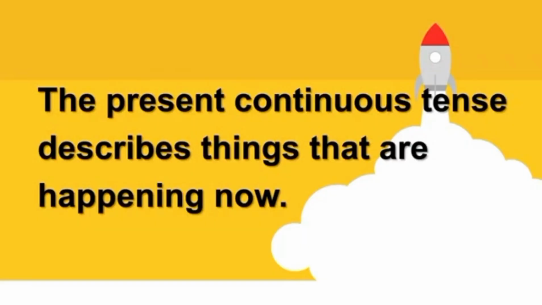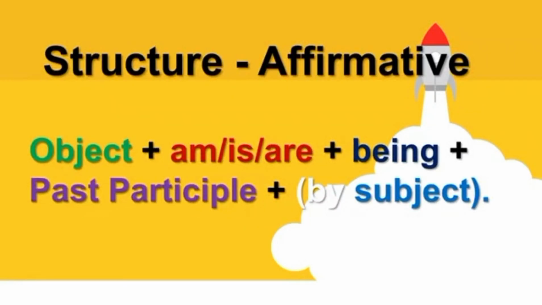The present continuous tense describes things that are happening now. Let's look at the structure. This is the affirmative example. Object plus am, is, or are plus being plus past participle plus by and subject.